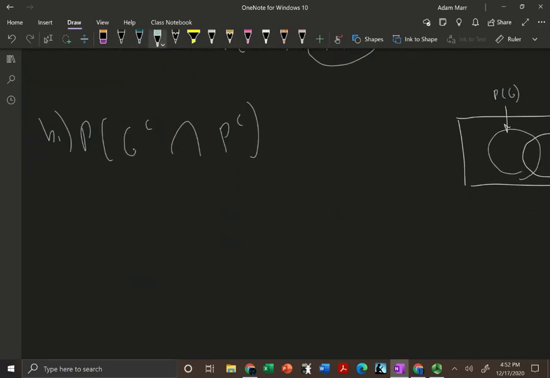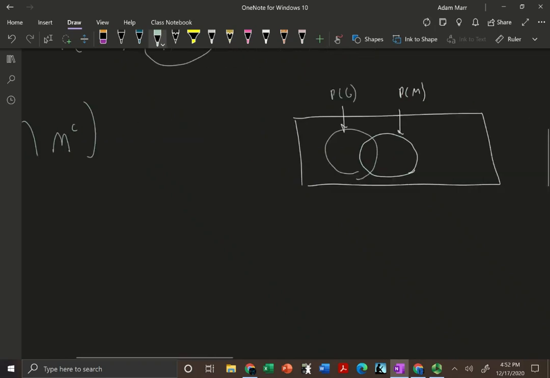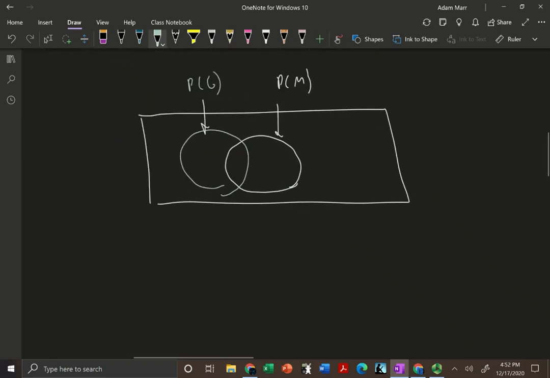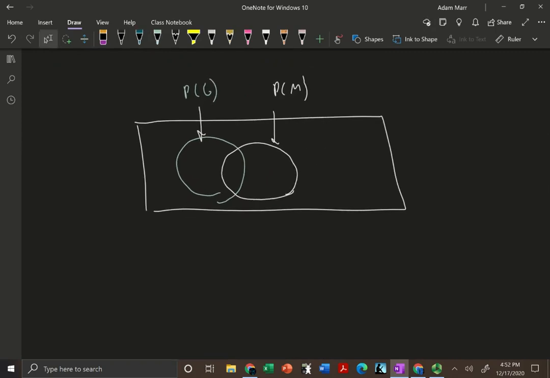Undergraduate is going to be grad complement, and that they primarily use a PC, that's going to be Mac complement, right? All right, so let's look at a Venn diagram, and then we can figure out what's left over right here. It's going to be an undergraduate who uses a PC. So that's going to be grad complement and Mac complement, right?